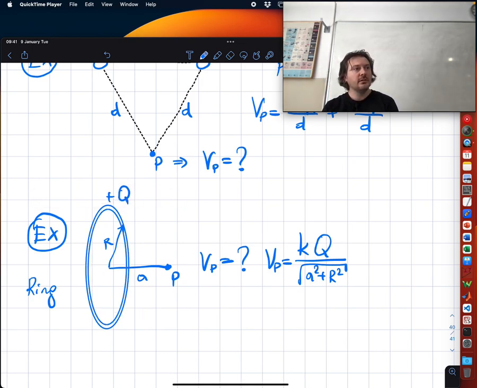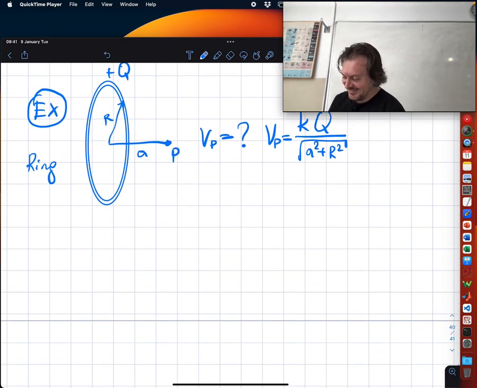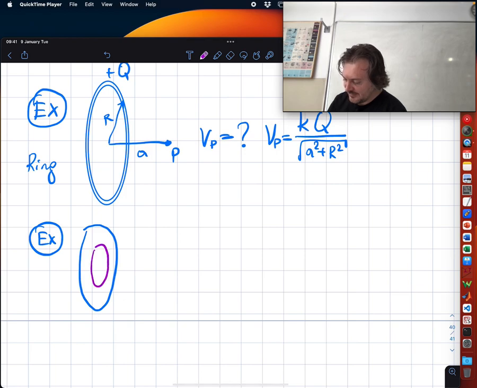Everybody understands? Yes. And in that case, Q becomes dq, and we integrate over r. Exactly. Do you want us to do that? Yes. Perhaps we could get back to that after learning how to derive electric field from electric potential, and then it would be more useful.